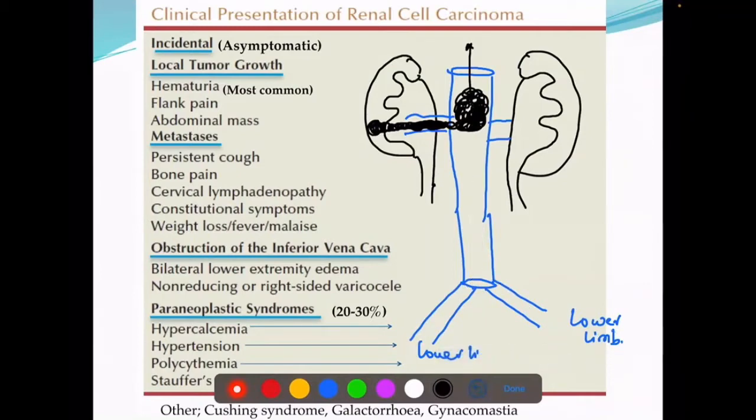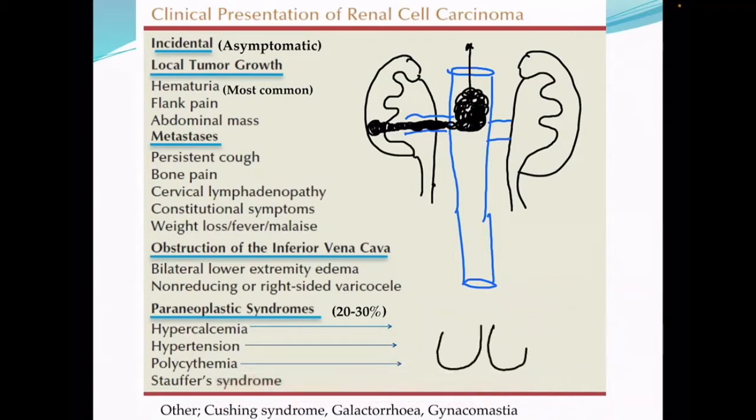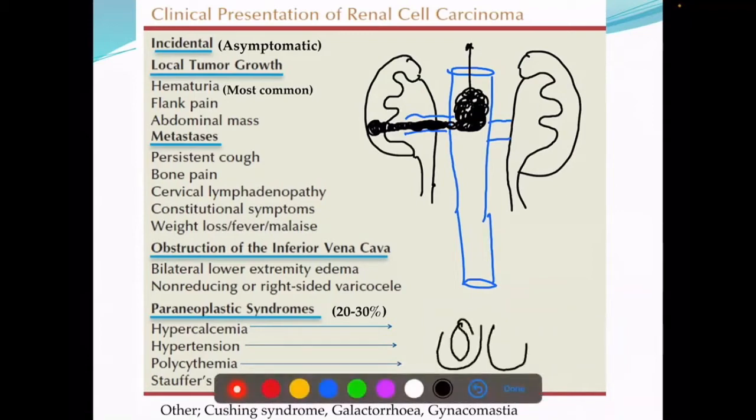That is, if the patient is male, you know the male testis has testicular veins known as the pampiniform plexus. Please remember this one. On the left side, they drain to the renal vein.